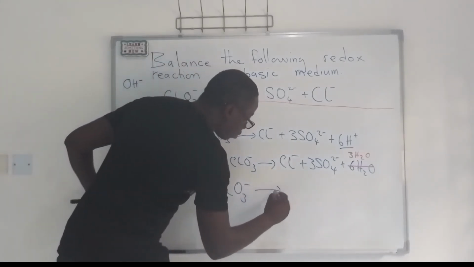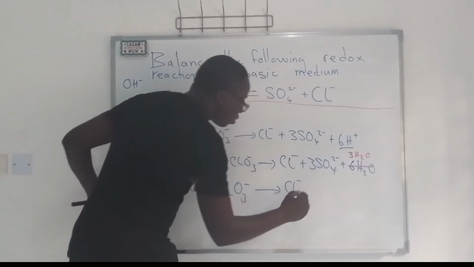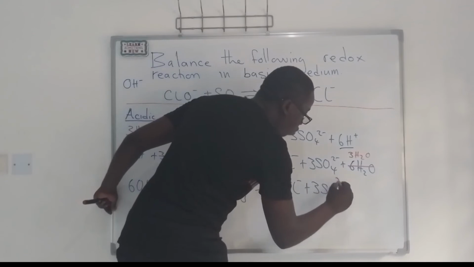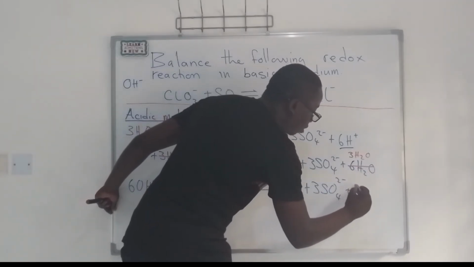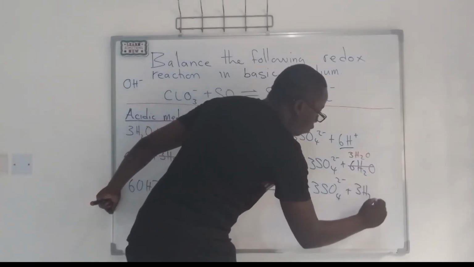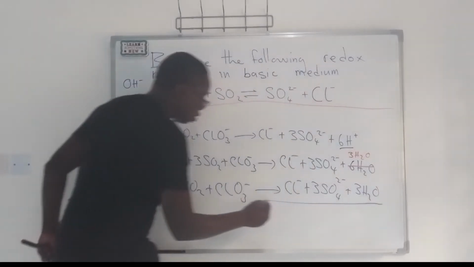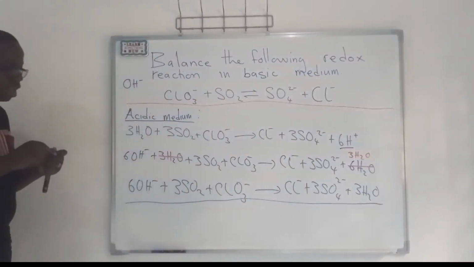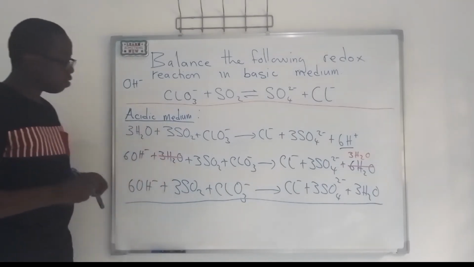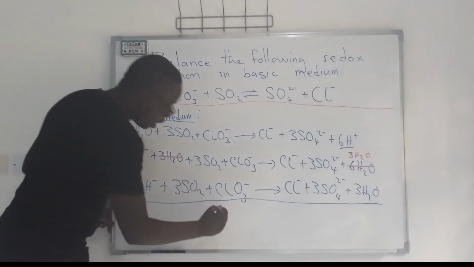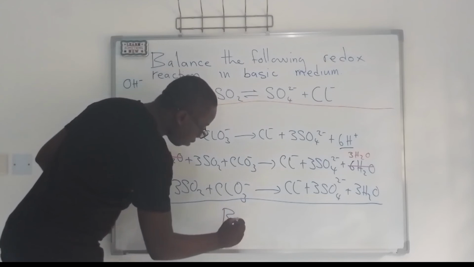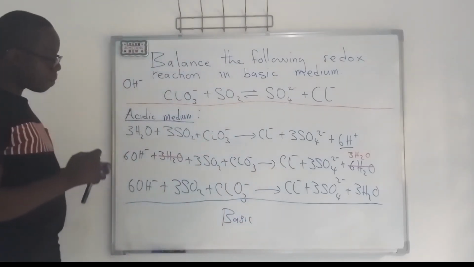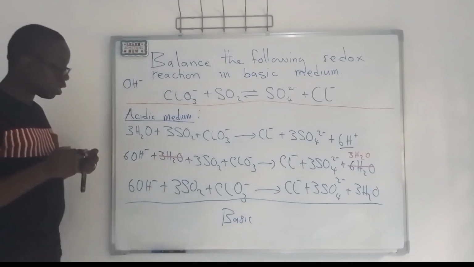It will give us Cl minus plus 3SO4 2 minus plus 3 molecules of water. So if you manage to reach this far, then you have balanced this equation in basic medium. This is now a basic reaction.